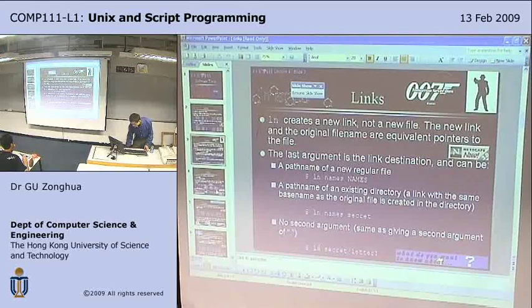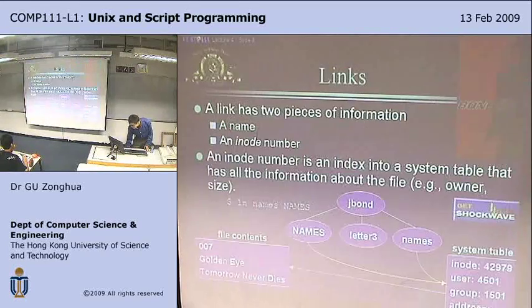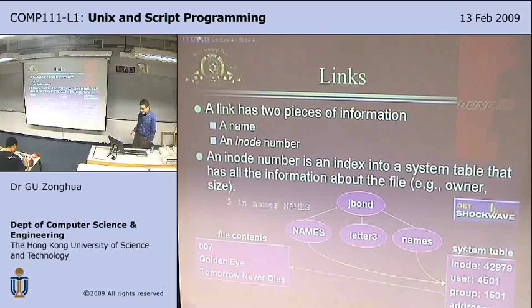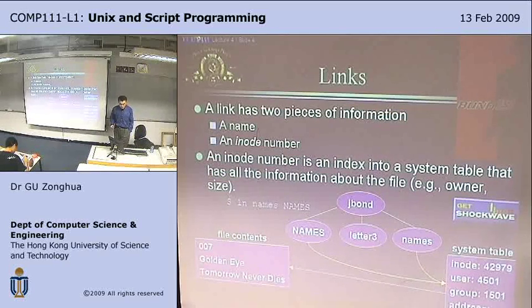So we come back to links. A link has two pieces of information: a name and an inode number.